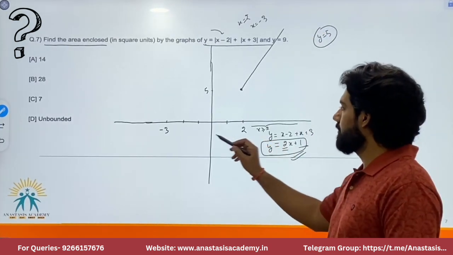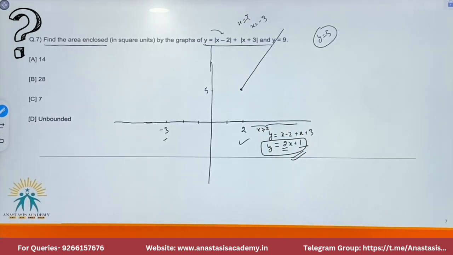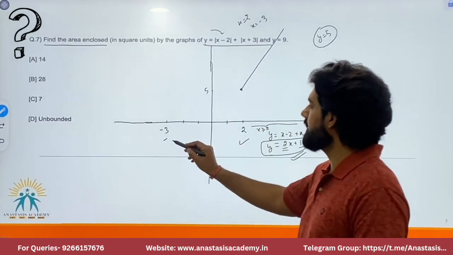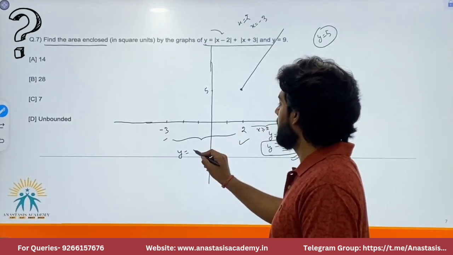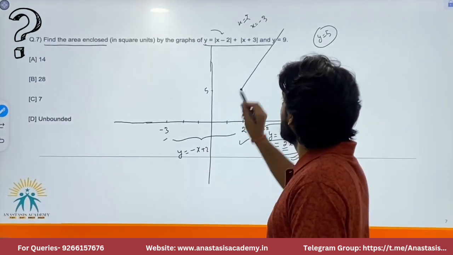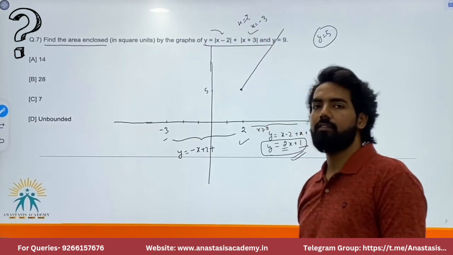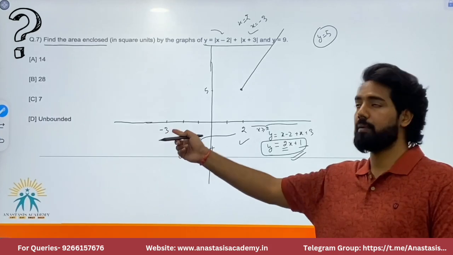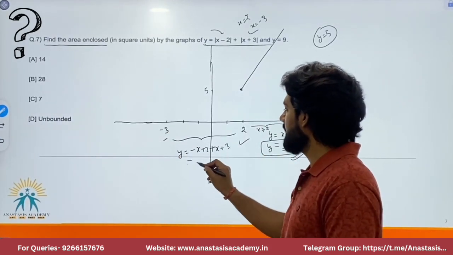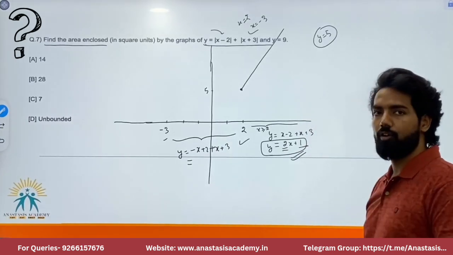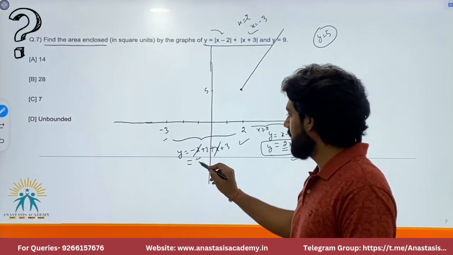From x minus 3 to 2, the first modulus will open with a negative sign, so y will become minus x plus 2, and the other modulus will open as positive because the values of x are greater than minus 3, so it opens as x plus 3. In this range, y will become how much? 5.